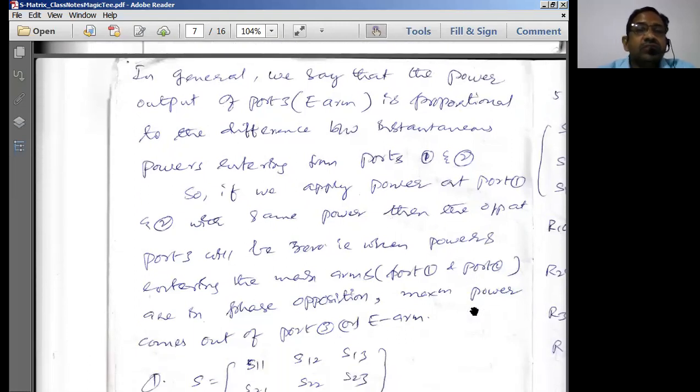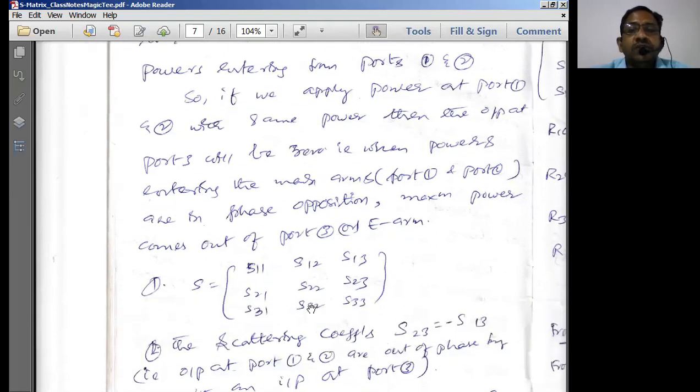Right, now let us go with S matrix parameters. So we say that the power output of port 3 is proportional to the difference between the instantaneous powers entering from port 1 and port 2. So we understand this by using the properties of the S matrix. If you apply powers at port 1 and port 2 with the same power, then the output at port 3 will be 0.